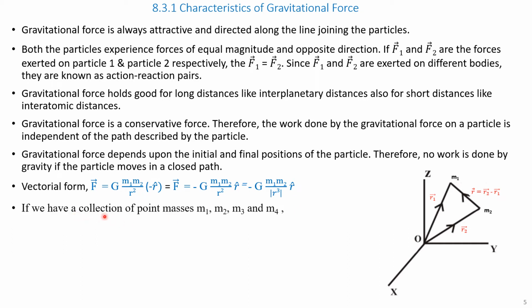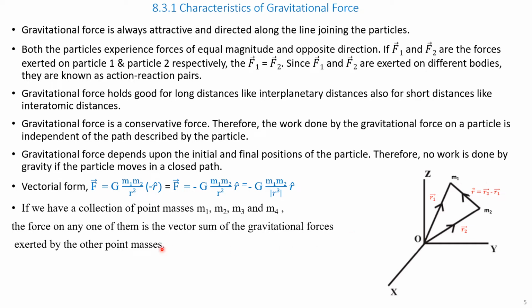If we have a collection of point masses M1, M2, M3 and M4, then the force on any one of them is the vector sum of gravitational forces exerted by the other point masses.